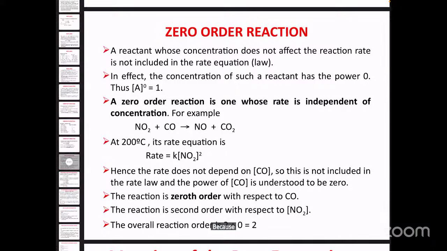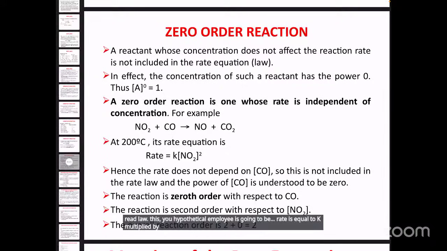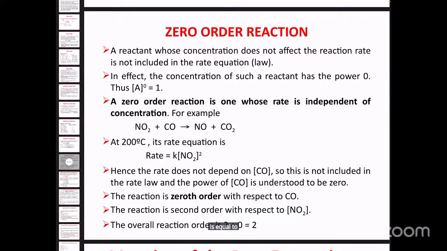Your hypothetical rate law is going to be rate is equal to K multiplied by concentration of NO2 raised to power X multiplied by concentration of CO raised to power Y. You still need to calculate your X and Y. When you now calculate your X and Y, you realize that your Y is equal to 0, so it disappears completely from the rate law. So you now see that it is the order that tells you the rate law, not the rate law telling you the order.